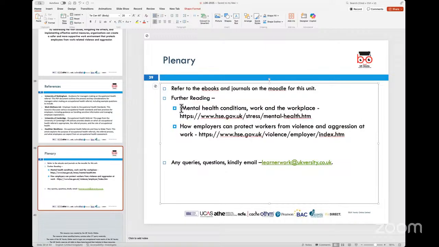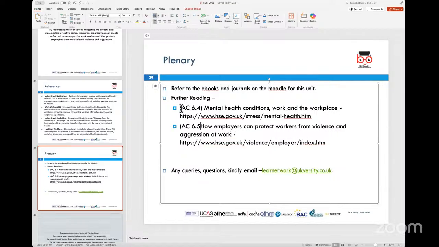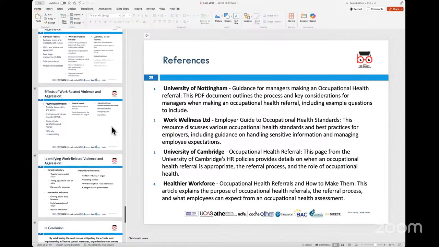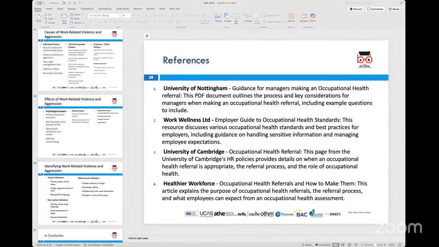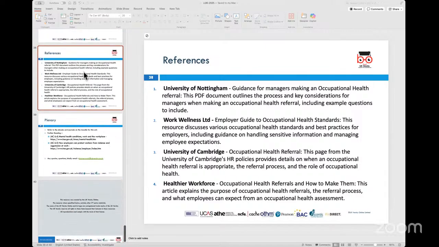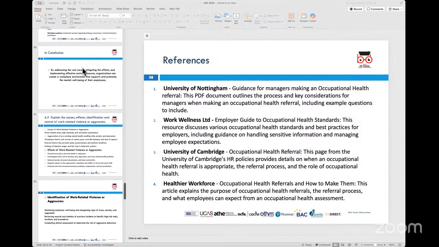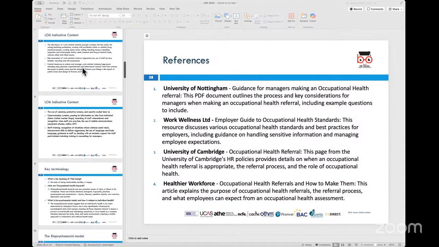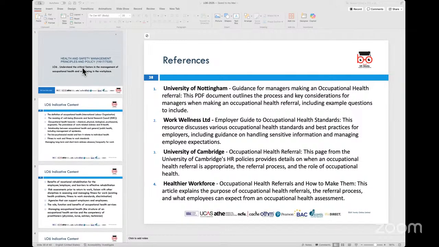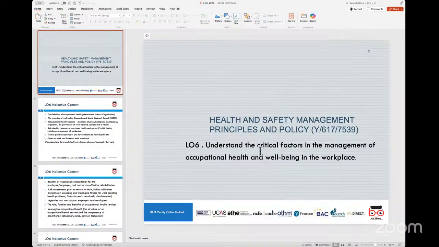So it is EC 6.4, and this one I'll mention, which is assessment criteria 6.5, directly related to them. So this brings us to the end of today's discussion with regards to Learning Outcome 6, which helps us comprehensively cover the outcome to understand the critical factors required to maintain health and safety in a workplace.